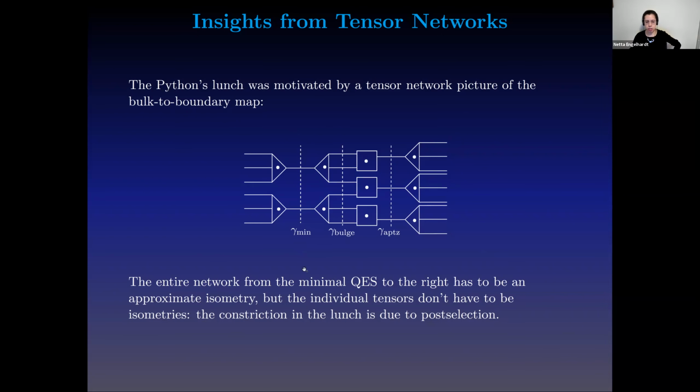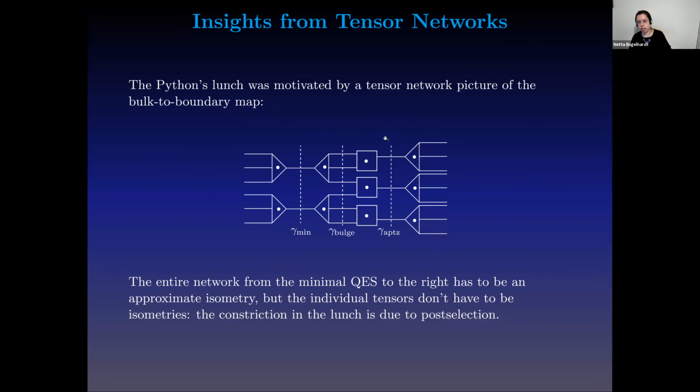Now, this is the minimal surface, but this here is a local minimum. It's not a global minimum. Here we only cut 2 legs. Here we cut 3 legs, but this is a local minimum. And in order to be able to have bulk reconstruction, what you need is for this entire tensor network, from this all the way over here, to be an approximate isometry. But that doesn't mean that every individual tensor has to be an isometry.